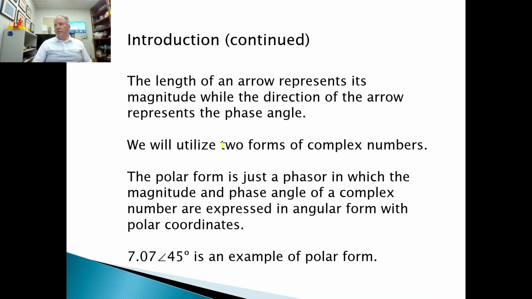And we're going to use two forms of complex numbers. The polar, which is just a phasor, in which the magnitude and phase angle are expressed in angular form. So a magnitude of 7.07 and an angle of 45 degrees is a polar form.